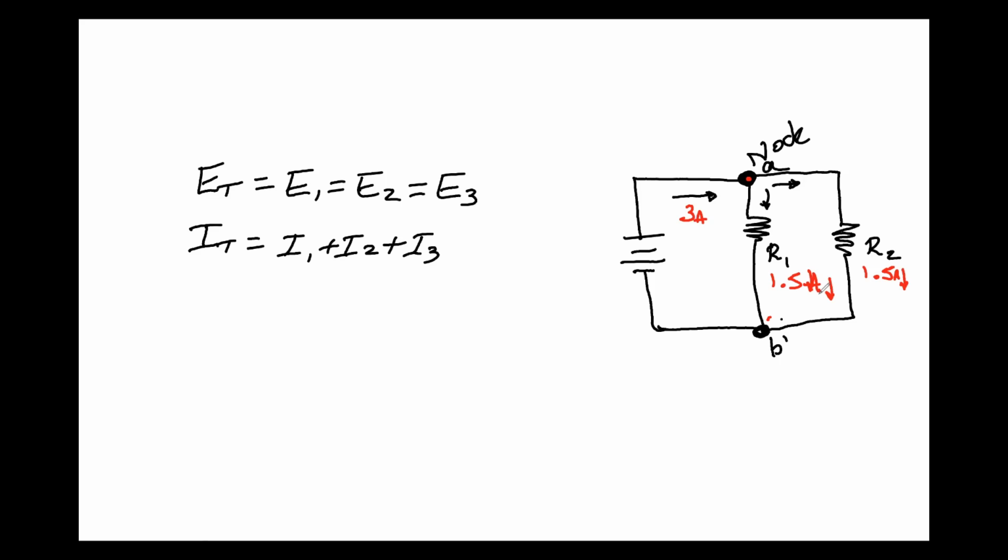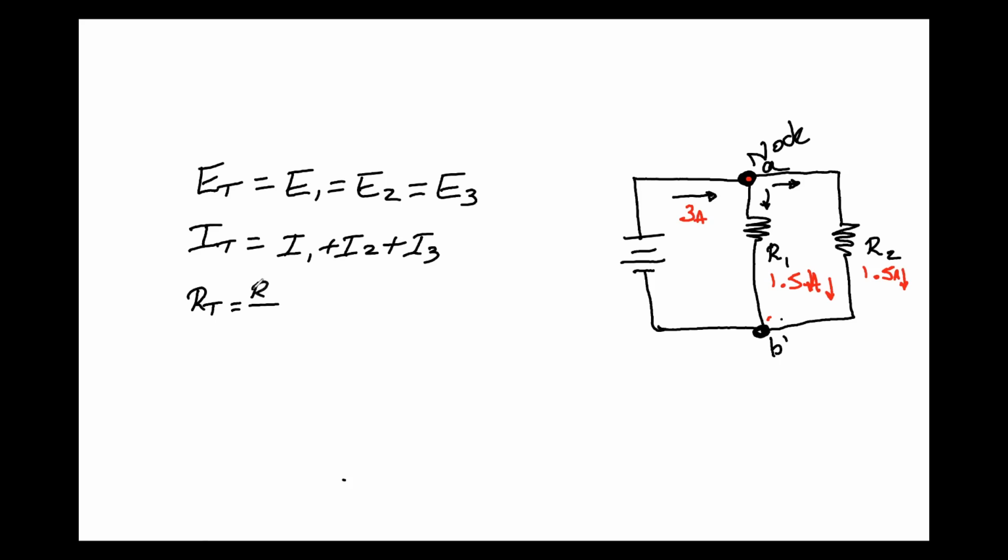Now, the other thing that you need to know are the formulas that we use in order to find the total resistance in a parallel circuit. In this instance, we have 3 different formulas. The first formula is for resistors of equal value. This formula only applies when we have resistors of equal value.